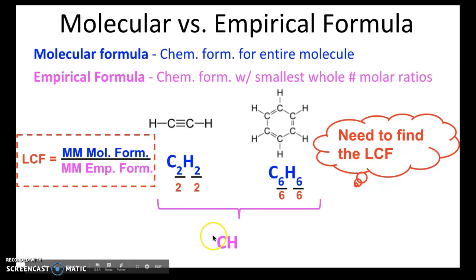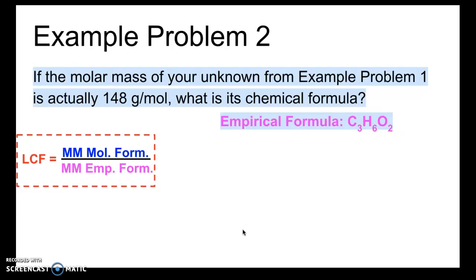So if you calculate the molar mass for CH and compared it to the molar mass of C2H2, you will notice the molar mass for C2H2 is double that of CH, where the molar mass of C6H6 is 6 times that of CH.